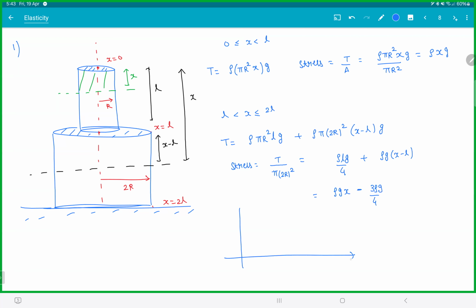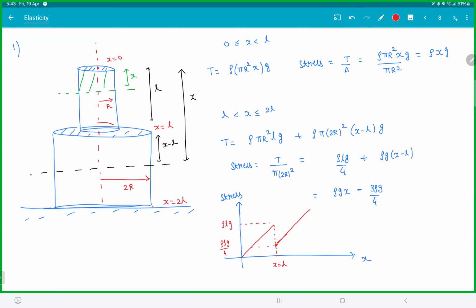So if you plot the graph, stress versus x, from 0 to L use this function, which is a linear function passing through the origin. At x equal to L, if you put x equal to L in this, you will observe the value suddenly drops. So this value reaches rho L g, then it suddenly drops from here and the graph will be like this. It kind of makes sense also.